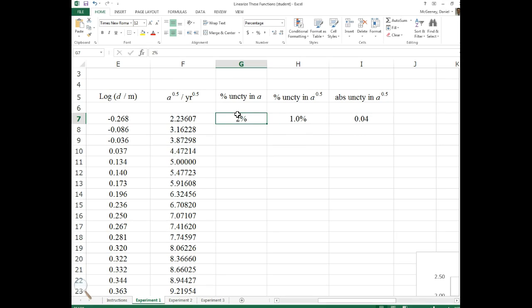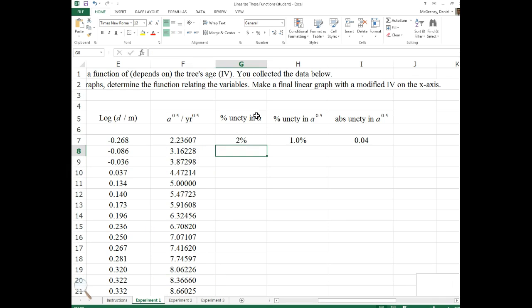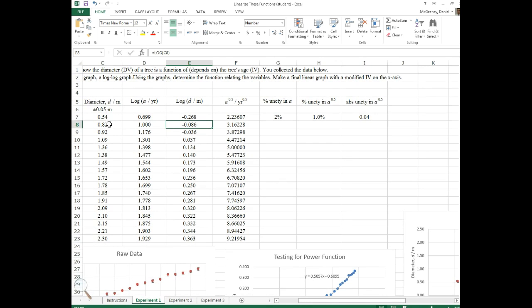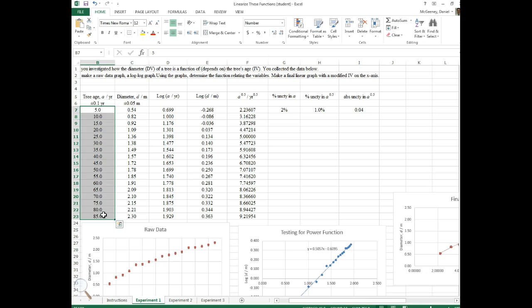But where does this value come from? I mean, I just guessed it was 2%. It turns out to be right, but how do I calculate, for all of these values of a, the percent uncertainty in those measurements? Here's what you do.